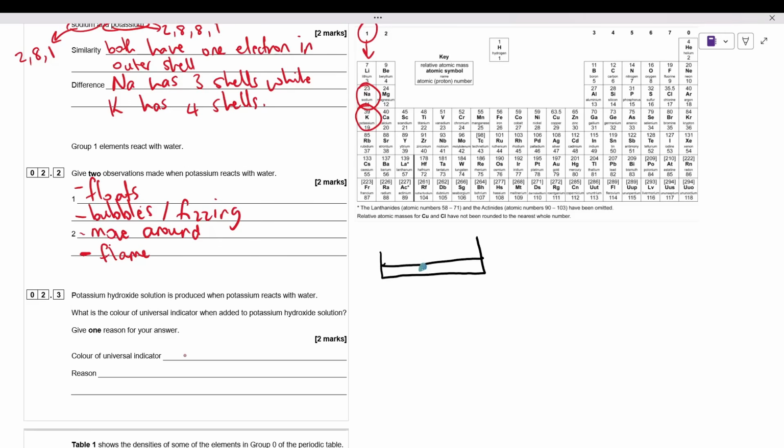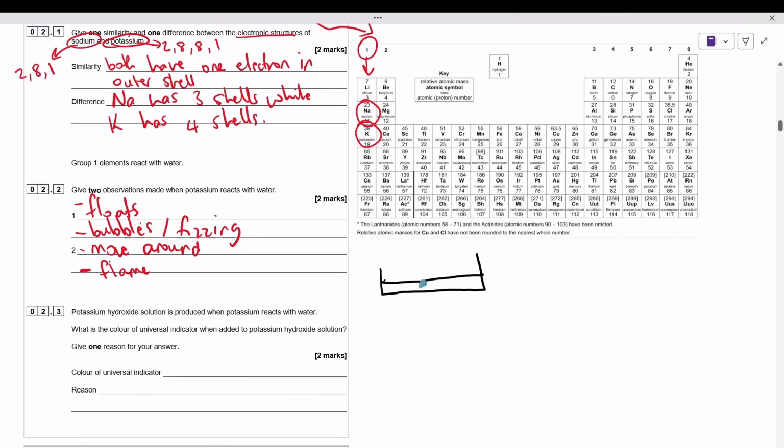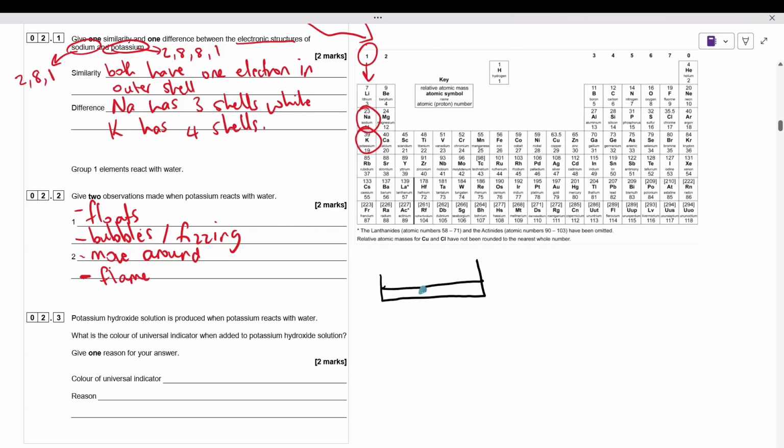We know that all the metals in group 1 are called alkali metals, because they form alkali solution. So when we add universal indicator to it, you should be getting a purple color, or if you have blue, that is acceptable as well.